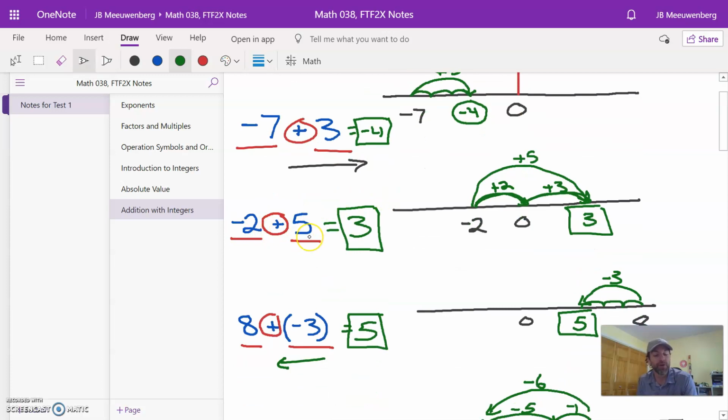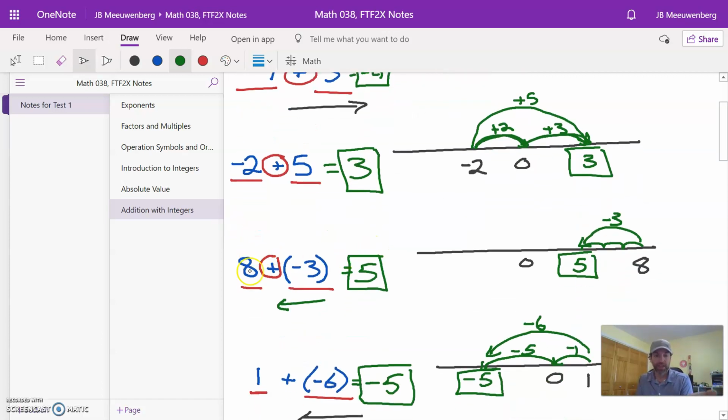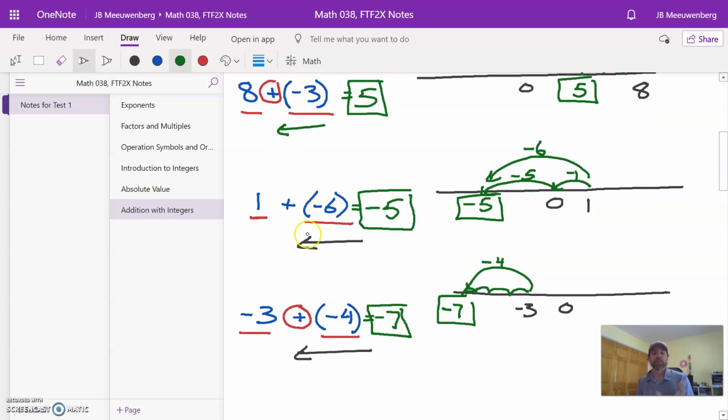In the -2 plus 5, we had a smaller negative and a bigger positive, so when we added them, they ended up +3. 5 minus 2 is 3. This one, 8, if we subtract 8 and 3, find the difference, you get 5, but the bigger number was positive, so it's positive. Same thing here, 1 and 6. If you subtract them, you get 5, and the negative number had the bigger value.